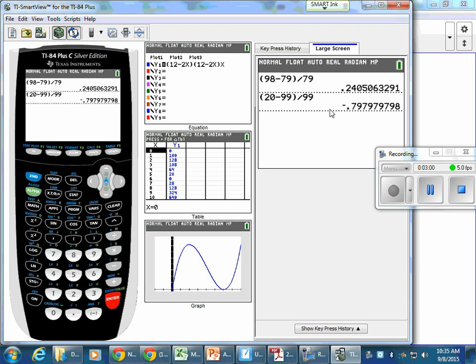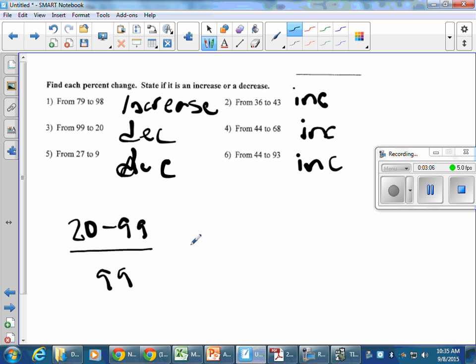And I get almost, if I move my decimal place over 2 places, 79.7. So I'm going to go ahead and say that would be an 80% decrease. Decrease of 80%. So that's how you do 1 through 6. If you've got a specific question on any of the other ones in 1 through 6, just let me know and I'll go into more detail on that with you specifically.